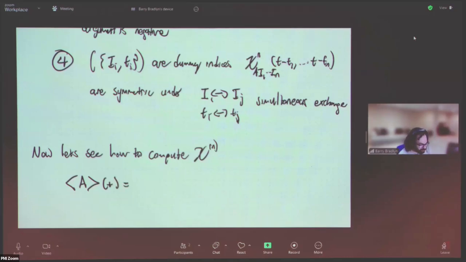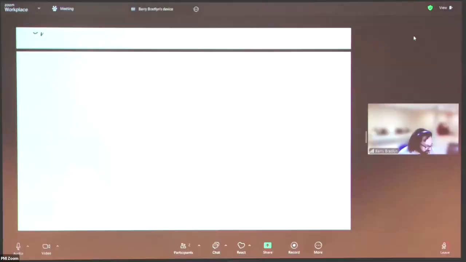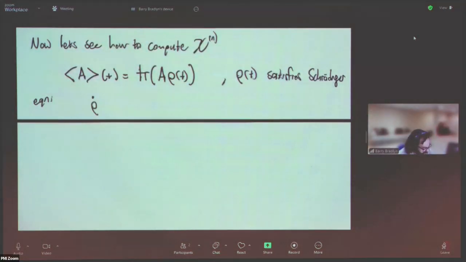So we want to take the average of an operator, we take the trace of that operator times our density matrix evaluated at time t. And we know that the density matrix satisfies the Schrodinger equation. Which we can write as rho of t dot equal to minus I commutator of the Hamiltonian with rho.